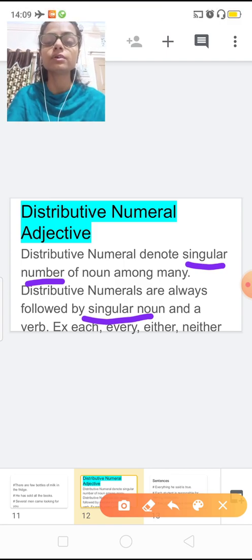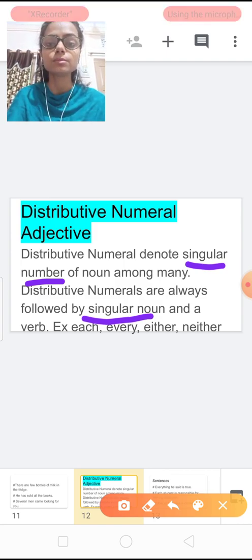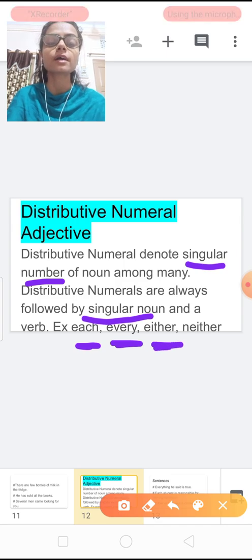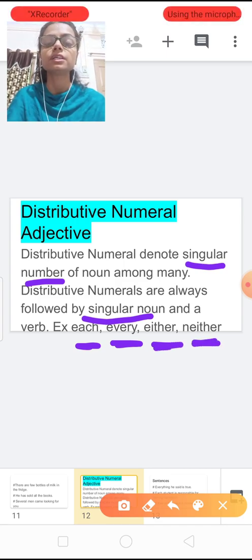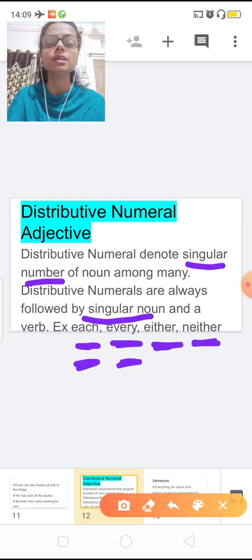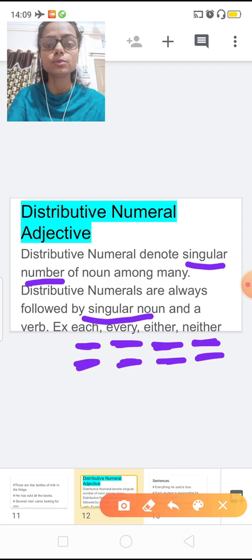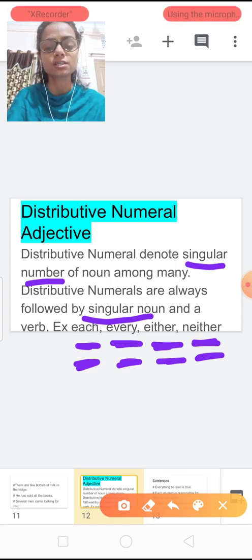The examples of distributive numeral adjectives are each, every, either, neither. So these are the examples of distributive numeral adjective.